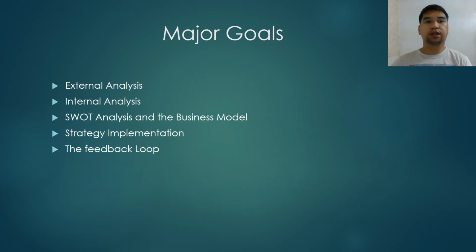External analysis. Its purpose is to identify strategic opportunities and threats within the organization's operating environment: the industry environment in which the company operates, the country or national environment, and the socio-economic or macro environment.